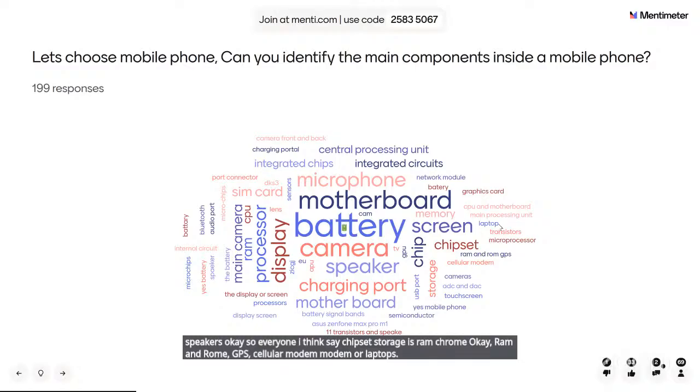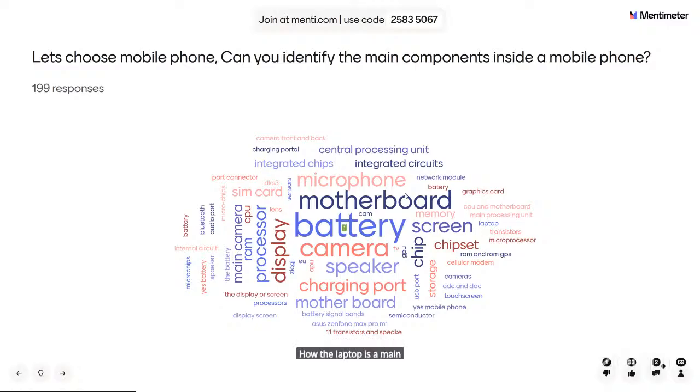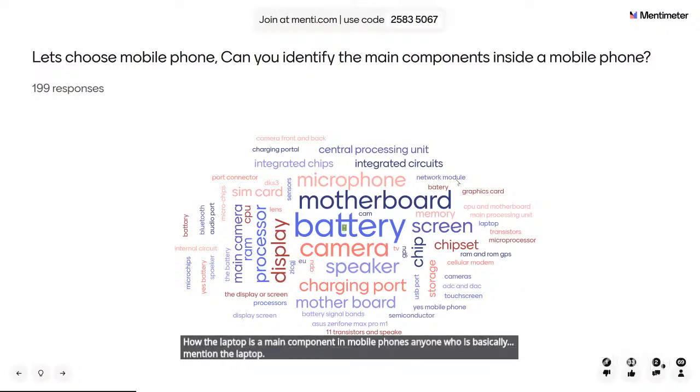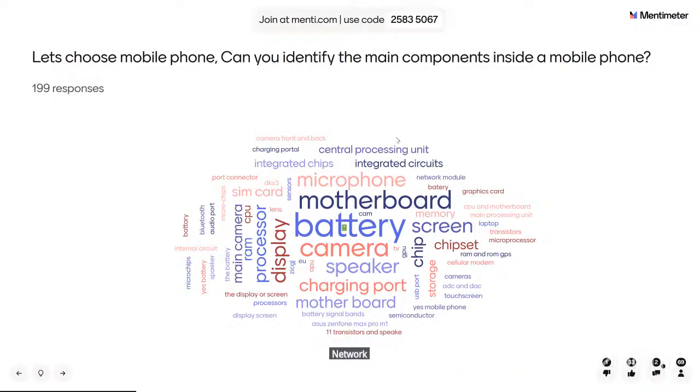How is the laptop the main component in mobile phones? Did anyone mention the laptop? Network module, yes, because we have 2G, 3G, 4G, 5G internet networks available. Nowadays mobile phones are available with 2G, 3G, 4G, and 5G.